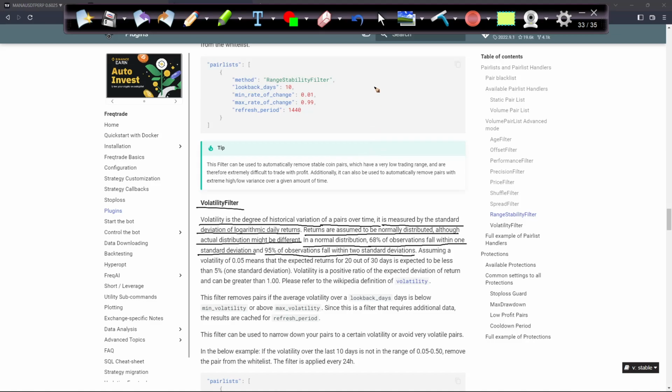So we have this distribution over here, and this is our mean. What it's saying is that this area is 68%, so 68% of the volatility will fall within this, and then 95% will fall within this over here.